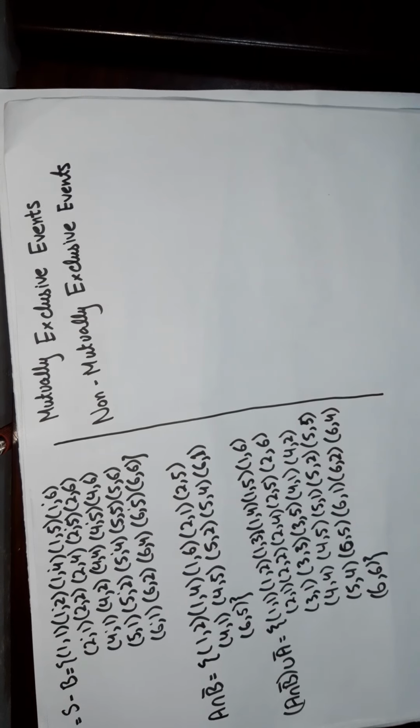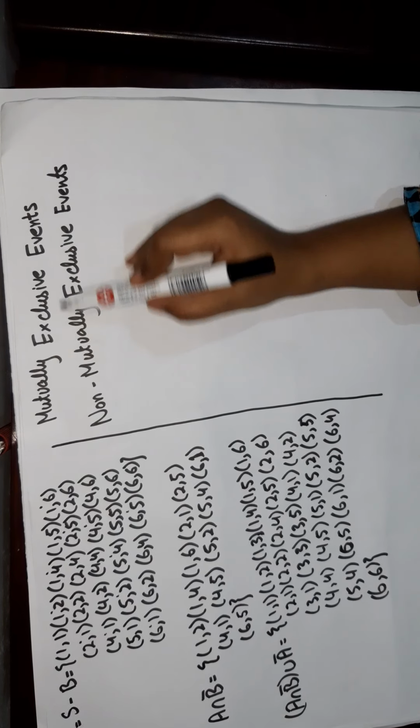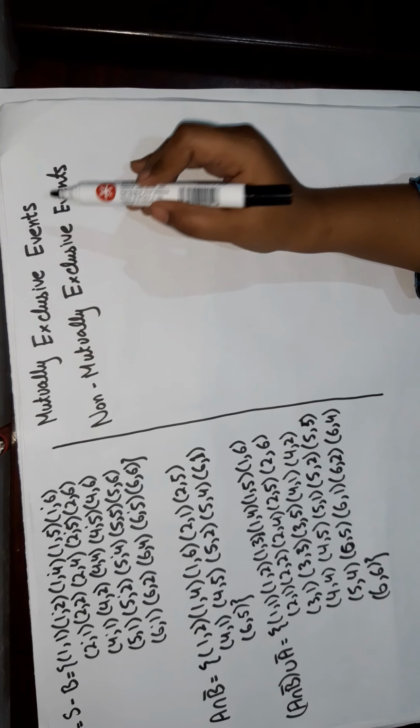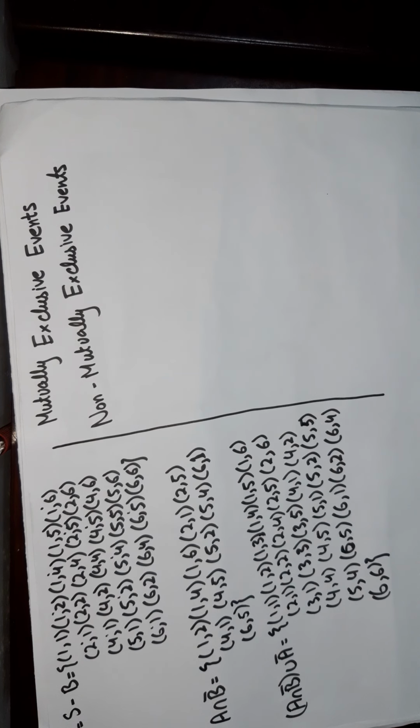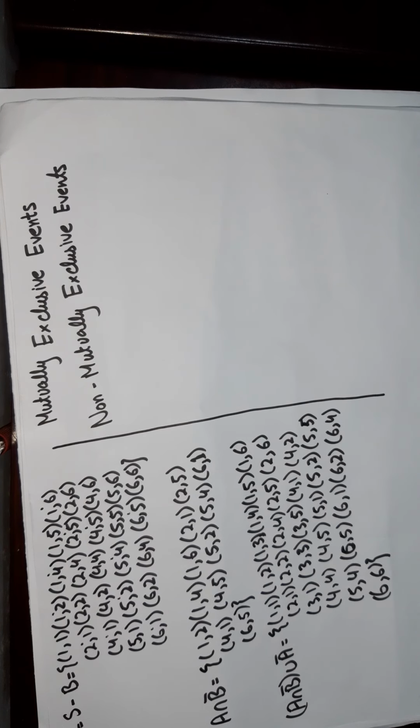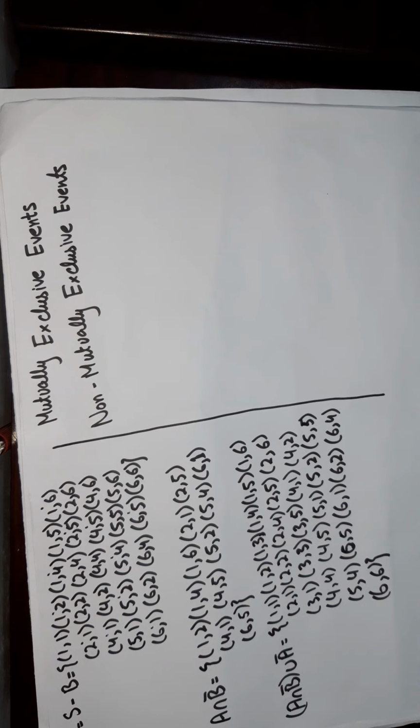Now mutually exclusive events are those in which there is no common point. If one occurs, the occurrence of the other is impossible. We can say that two events are mutually exclusive if they cannot both occur at the same time.